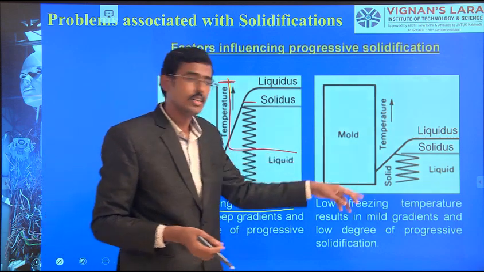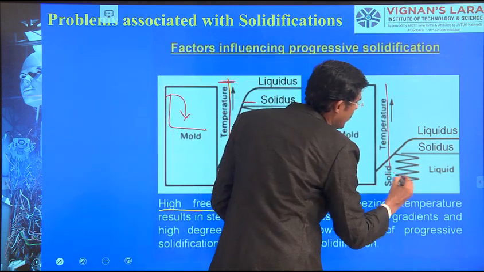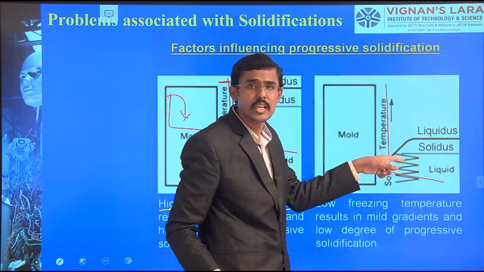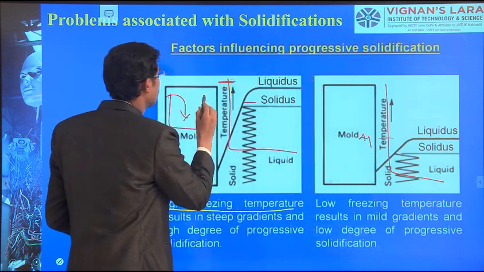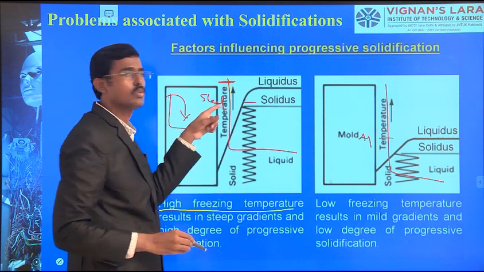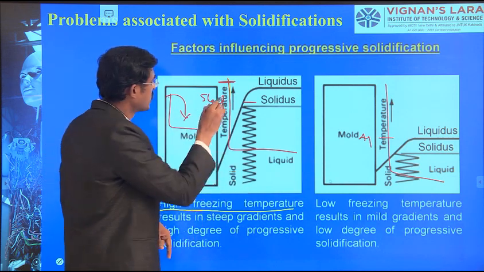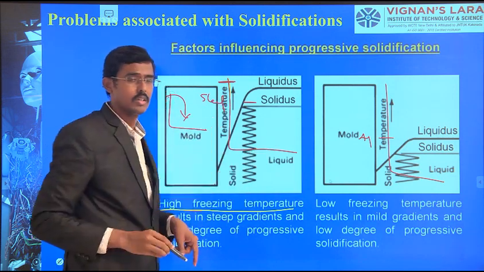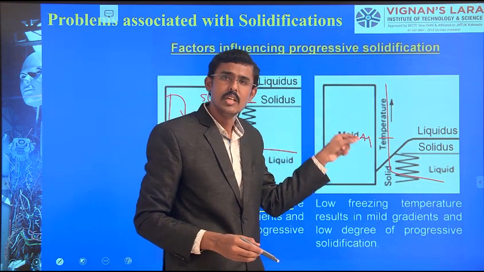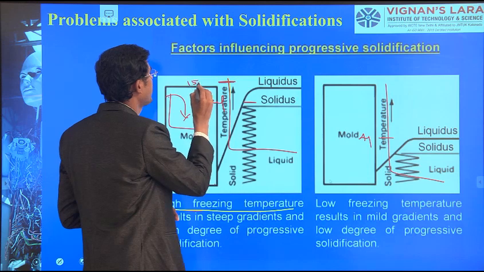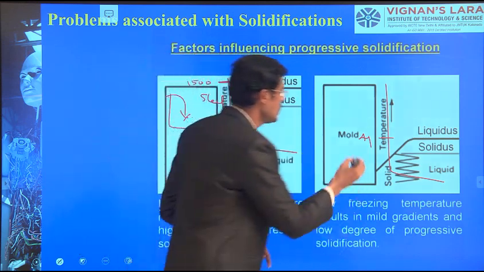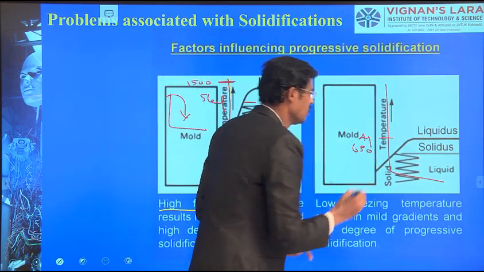But here, we have taken a low freezing material. Likewise, we can take aluminum here, and we can take steel there. Steel having 1500, when it is cooled, should come from 1500 to room temperature. Similarly for aluminum, compared to 1500, it is around 650.